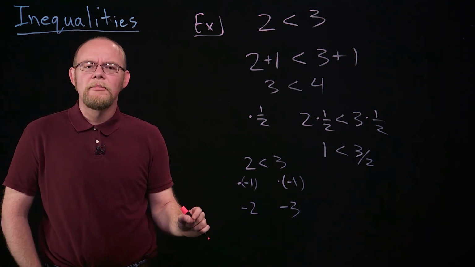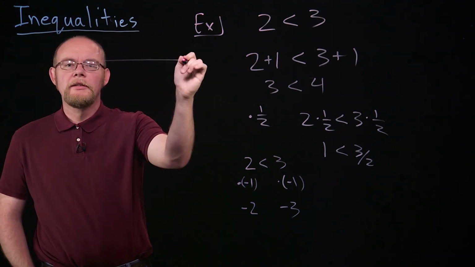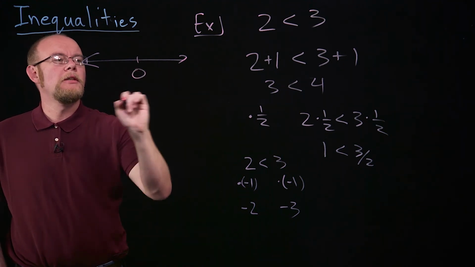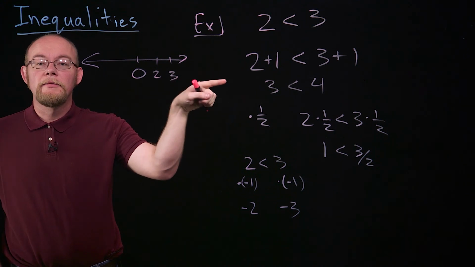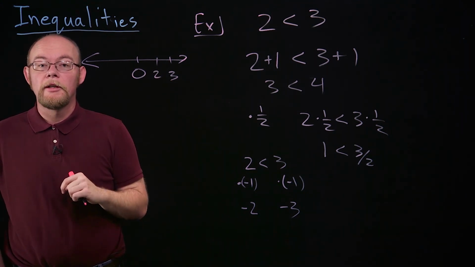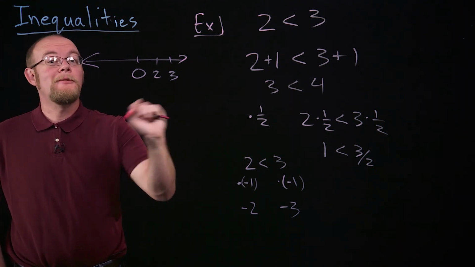But when we talk about the number line, we're talking about the ordered real line that goes from left to right. We could put the center of the numbers here, and here we have 2, and here we have 3. Greater than means you're further to the right, and less than means you're further to the left on the real line. So 2 less than 3 is the same as saying 2 is to the left of 3.